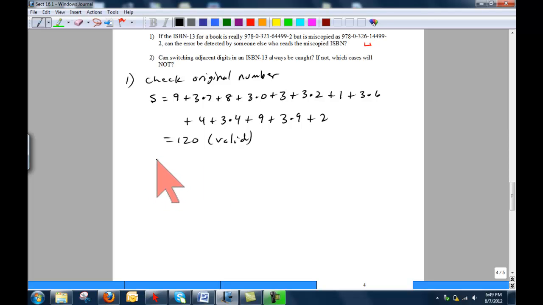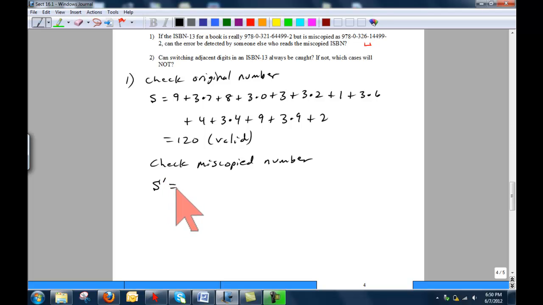Now, check the miscopied number. So here I'm going to compute S, I'll put a prime on it.